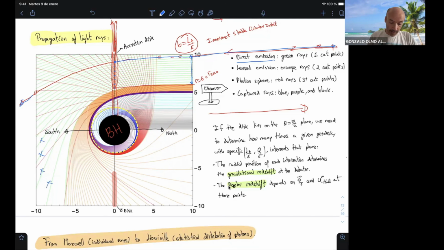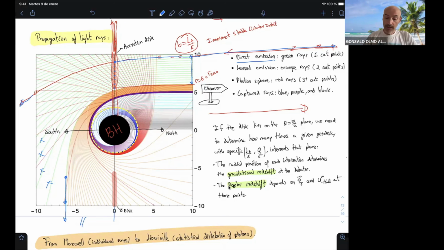And this one is close to the boundary because it is asymptotically moving parallel to the accretion disk, okay? Since they are parallel, they will not touch at any point. So this last green geodesic is essentially the last one to intersect the disk only once, okay?